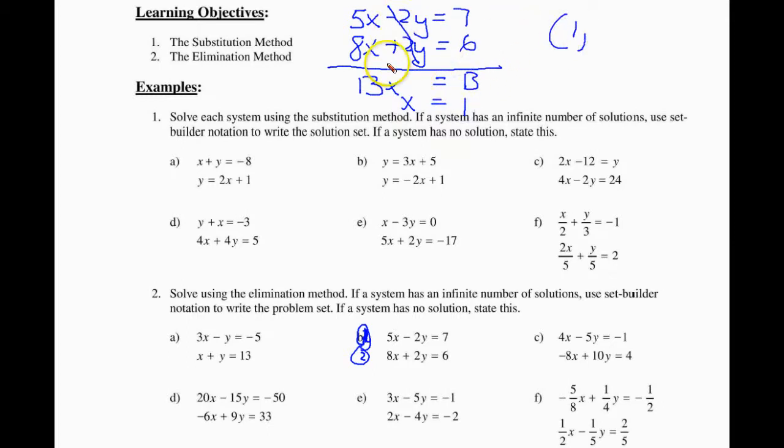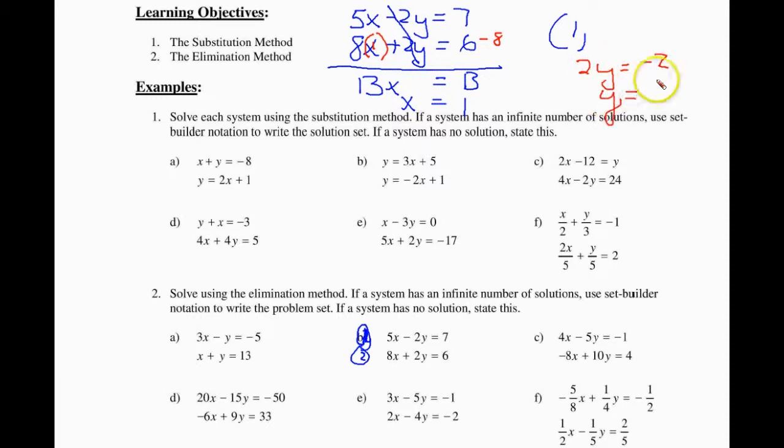If x is 1, we can use this one here. I'll change colors so you can see it better. X is going to be a 1 here. So this is 8. I'm going to transpose it to this side, becomes a negative 8. So I now have 2y equals negative 2.